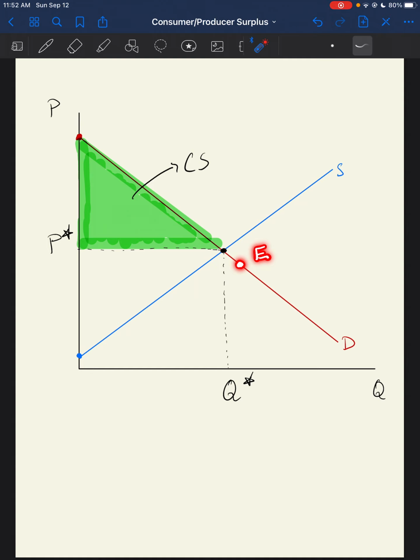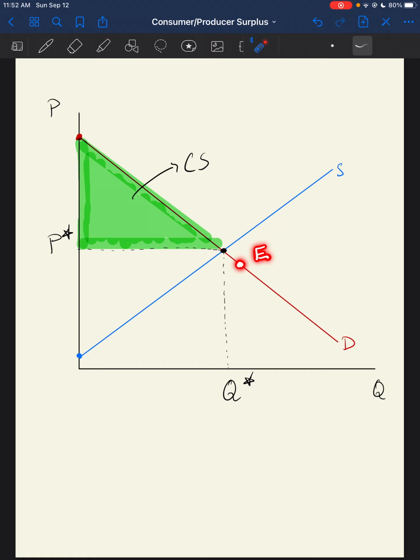If his willingness to pay is lower than the actual price, then if we're assuming that individual E is a rational human being, he's not going to participate in the market. He's not going to buy whatever good or service is being sold here.